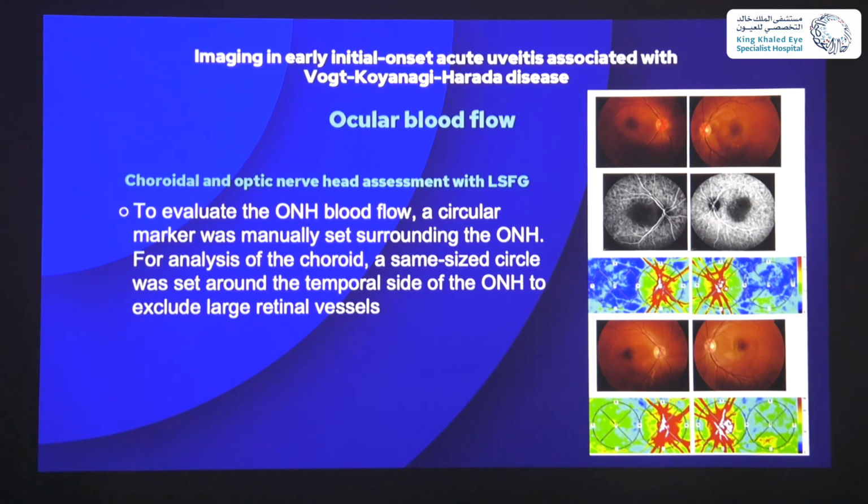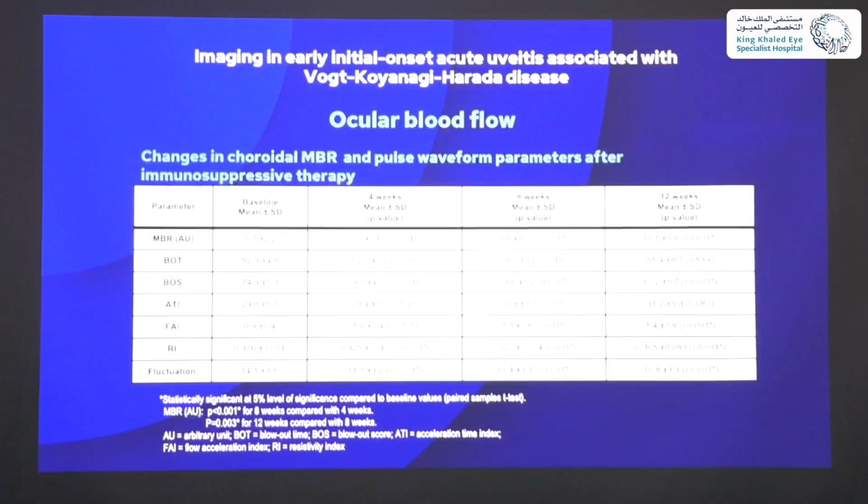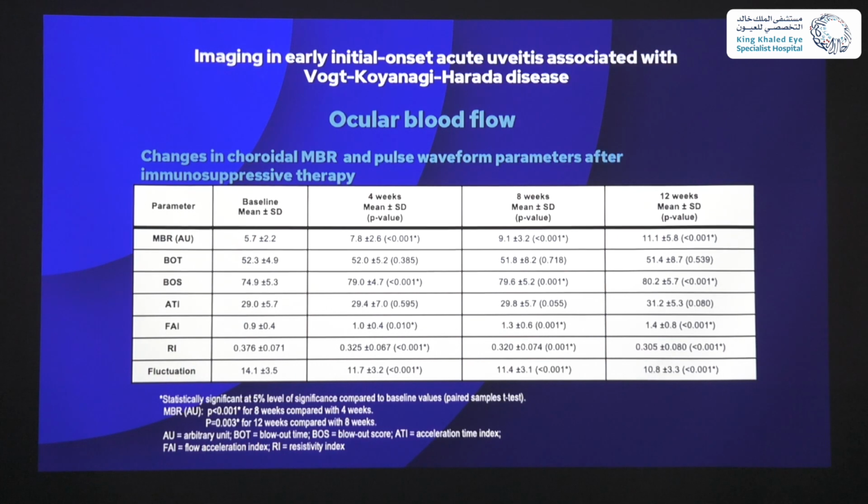And then the machine will give you a print about not only the blood flow velocity in MBR, but also about waveform parameters that I'm going to discuss now. So if you look here at the MBR, which is indicative of velocity, at baseline it was only 6.